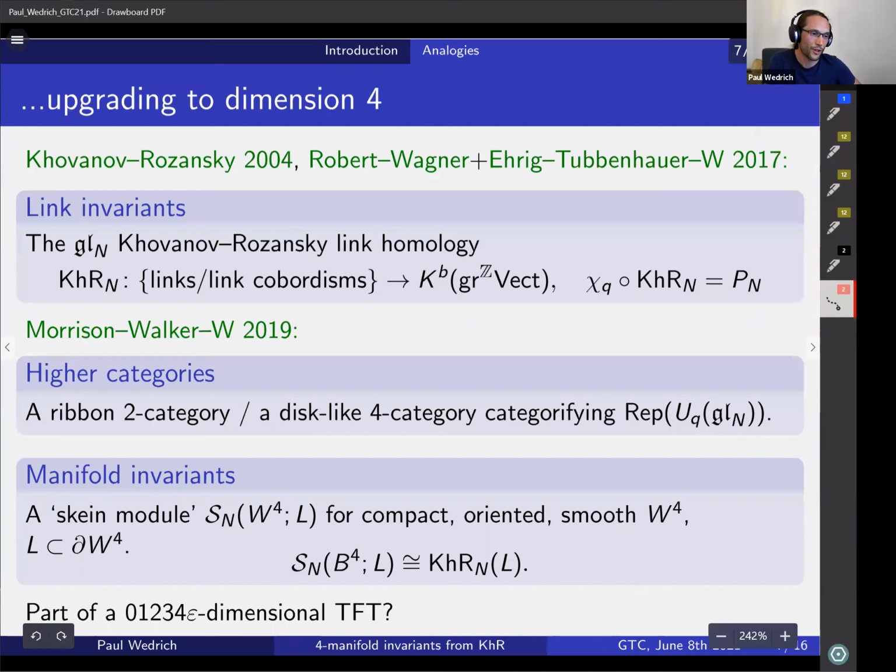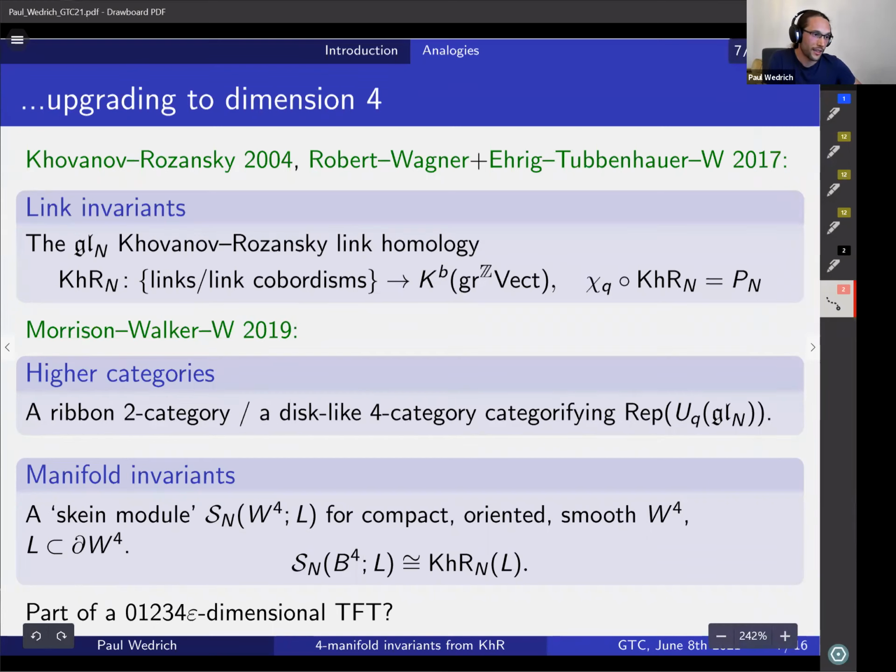And the construction of these invariants came originally from Khovanov and Rozansky, and then the proof that they are functorial was provided in a paper with Michael Ehrig and Daniel Tubbenhauer from 4 years ago, and it heavily builds on the technology of foams that was developed by Robert and Wagner.